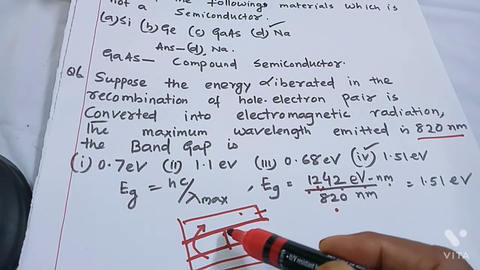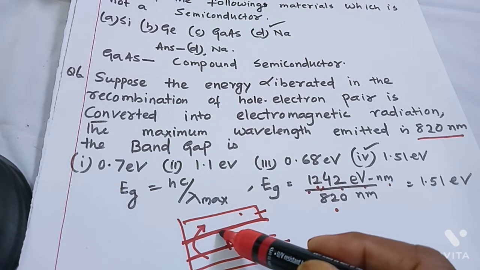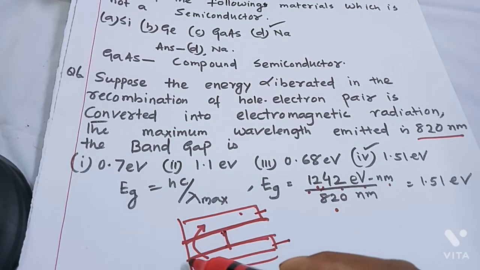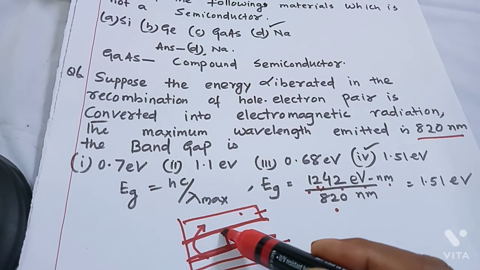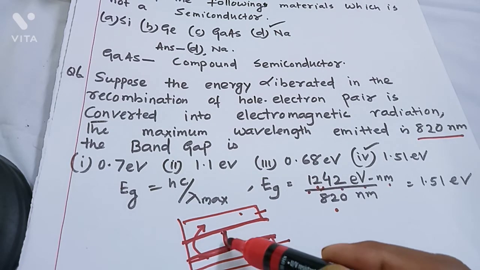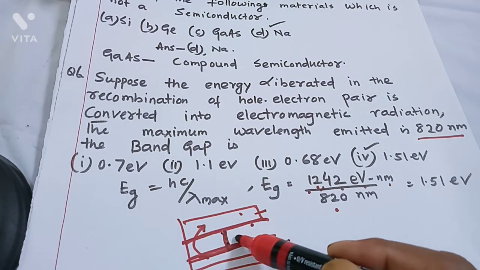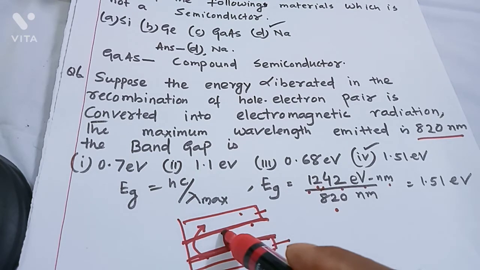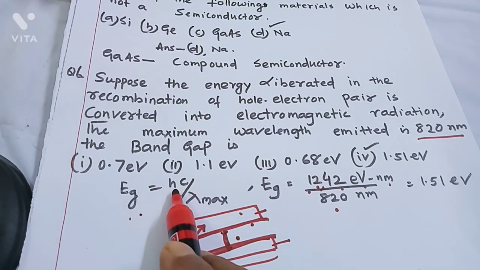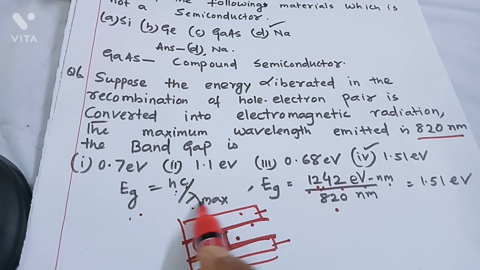When an electron from the lowest energy level of the conduction band combines with a hole at the uppermost level of the valence band, the minimum energy is transferred in the form of electromagnetic radiation. So minimum energy means maximum wavelength, and the energy radiated is equal to the energy gap, and E is equal to h nu or hc by lambda maximum.